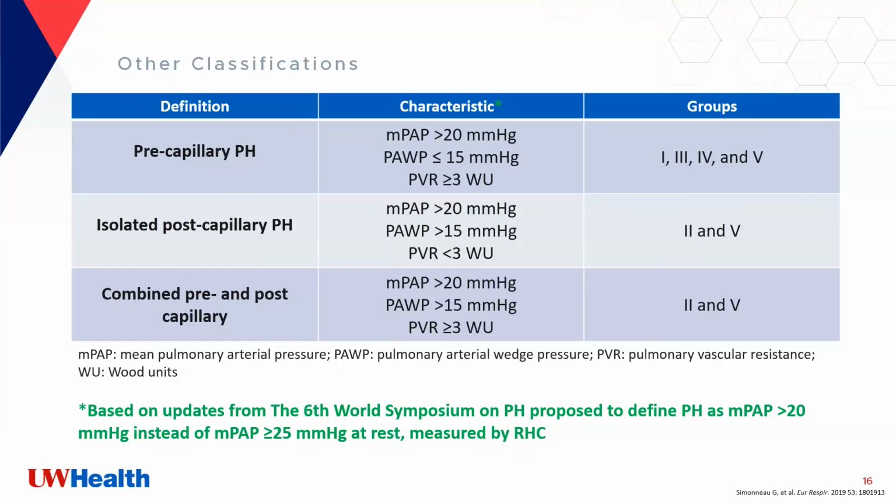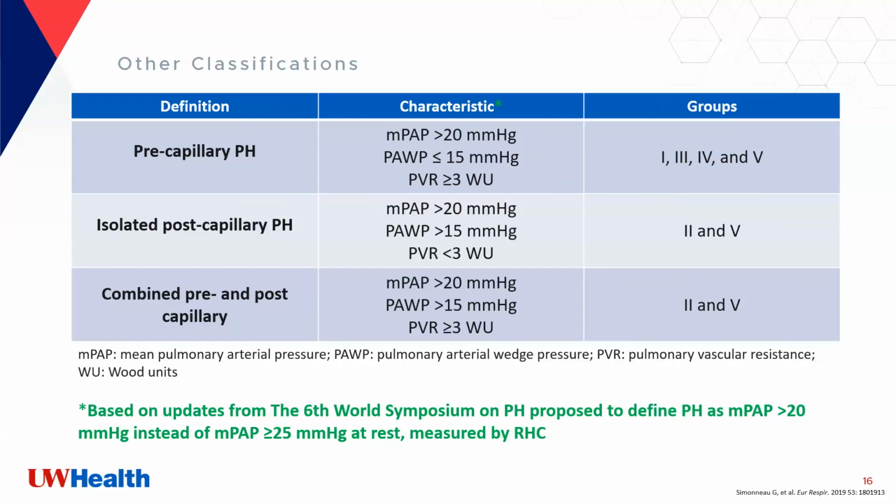Some patients can have mixed, but here, as you can see, precapillary includes mean pulmonary arterial pressure of more than 20, pulmonary arterial wedge pressure of 15 or less, and pulmonary vascular resistance of at least 3 units. And this includes groups 1, 3, 4, and 5. So as a reminder, group 4 is our CTEPH group.